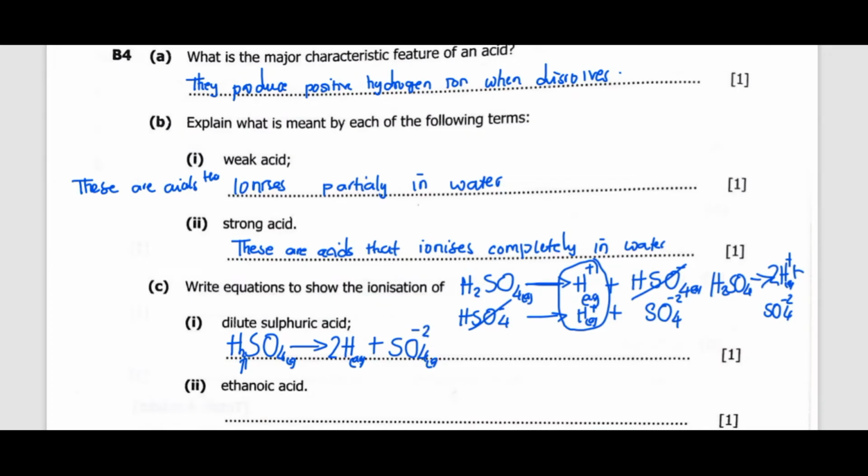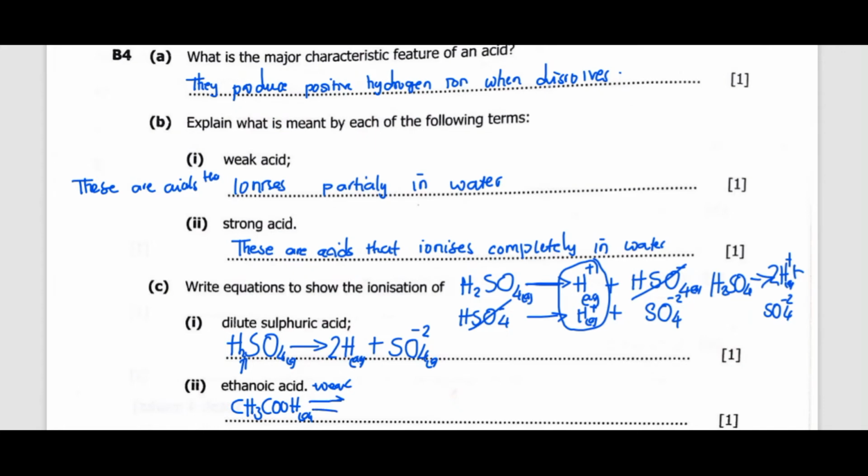Then for ethanoic acid, we know that the chemical formula for ethanoic acid is CH3COOH, aqueous. Now, the ethanoic acid is a weak acid. So, whenever you are trying to ionize a weak acid, you need to use a double arrow.